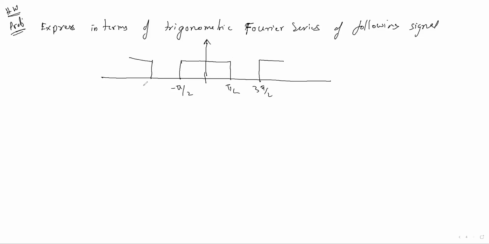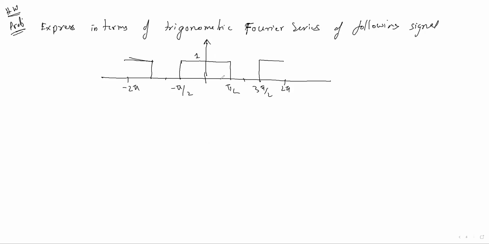This is an even signal, okay? So by looking at this graph, since it is an even signal, you can easily find A naught below, is it not?